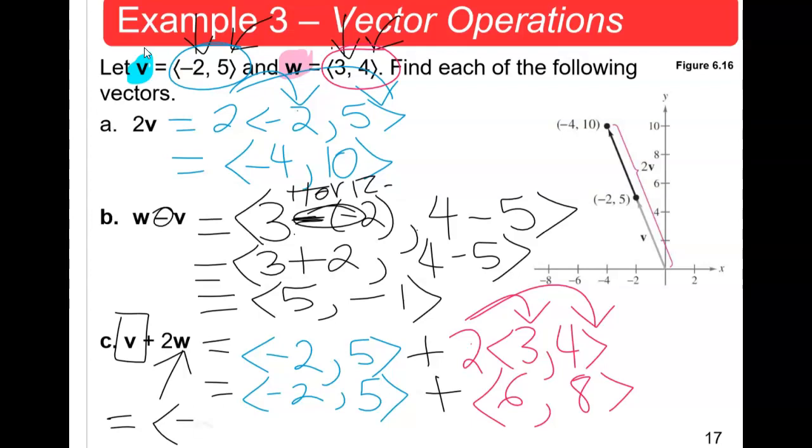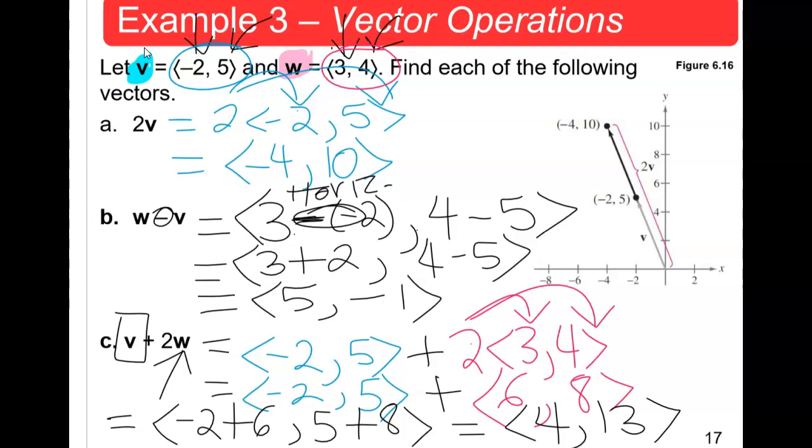So we will have -2 plus 6, 5 plus 8 equals, and then I will have 4, 13. And that will be the solution.